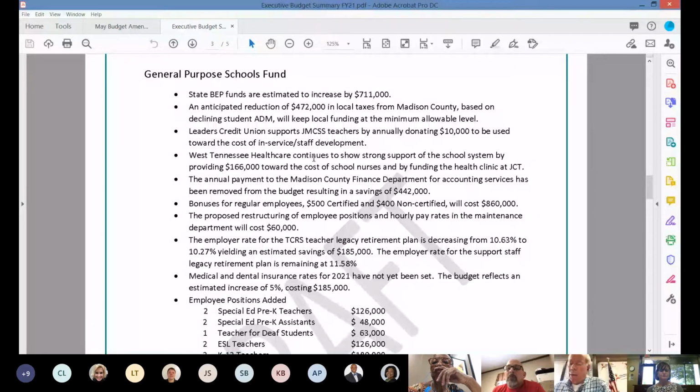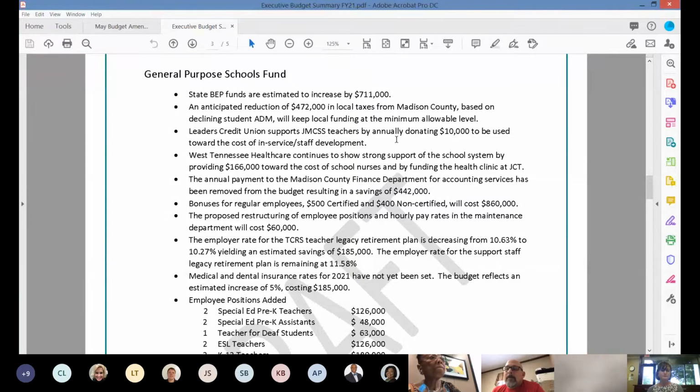So Holly, that would be based on a reduction of what in the ADM? About 118 students. And then what's the dollar value? $472,000. $4,002 each. Right.